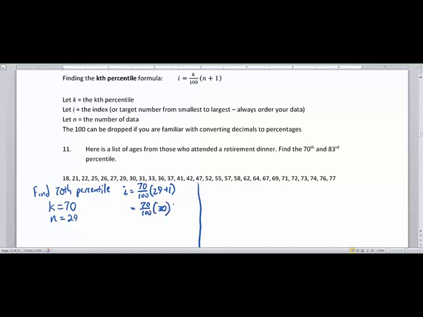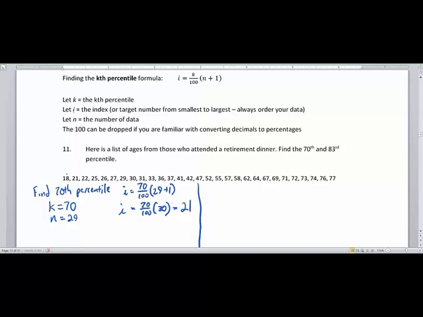Using your graphing calculator, 70 divided by 100 is 7/10 or 0.7, and 0.7 times 30 gives you 21. Now, 21 is not the age. 21 is the index, which means you count from the bottom, smallest to largest, and when you get to the 21st number, that number will be the age at the 70th percentile.